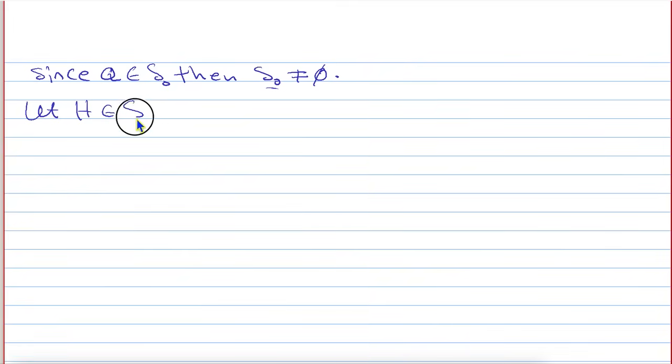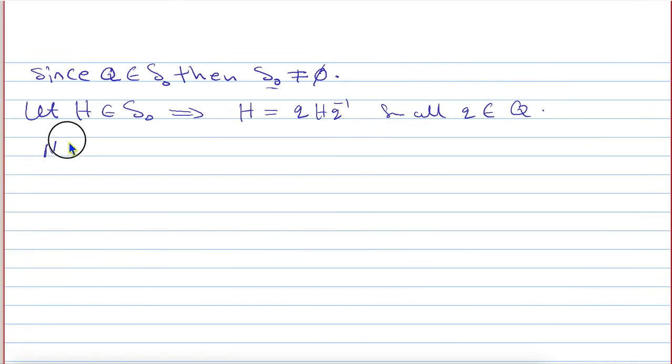Let H be in S naught, and this means that H equals q H q inverse for all little q in Q. This is just by the definition of the subgroups in S naught. Now we look at the normalizer of the set H. Remember that the normalizer of H is all x in G such that H equals x h x inverse.